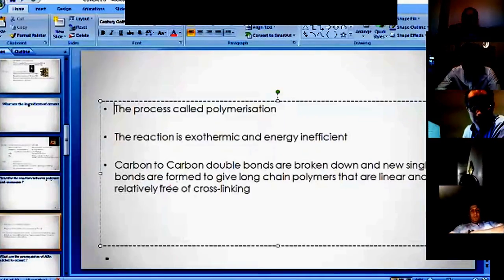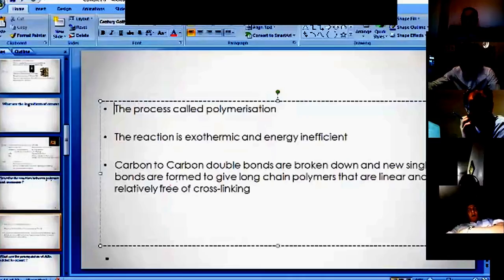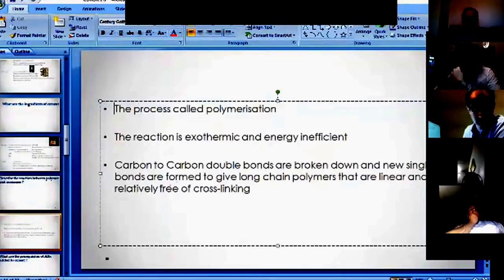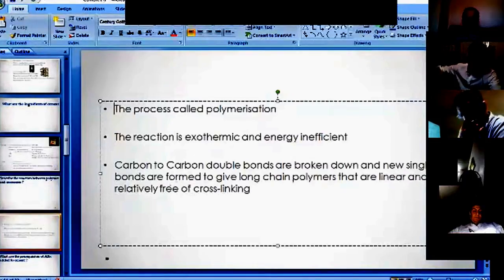The reaction is exothermic and therefore will produce heat. It's an energy inefficient reaction, and as Athar said, the carbon-to-carbon double bonds are broken into single bonds and form long linear polymers.